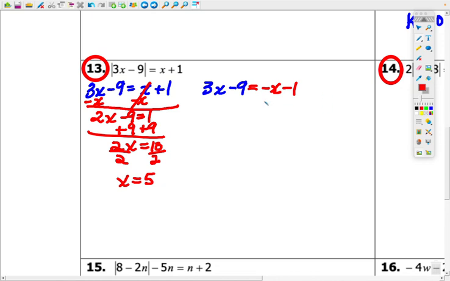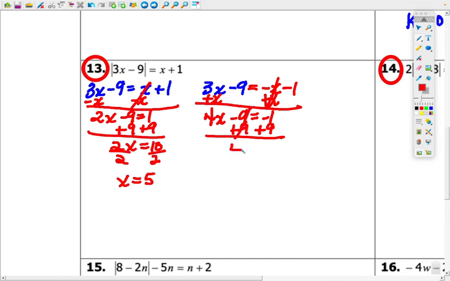On this side, I'm going to add my x. Add my 9. Divide by 4.